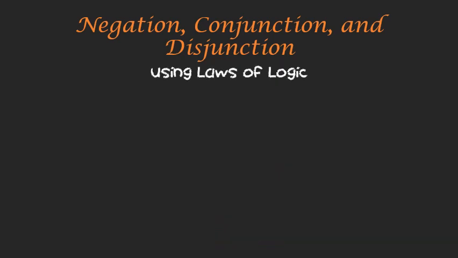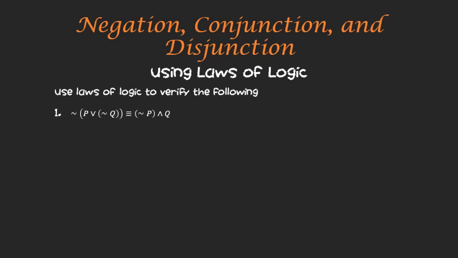So let's take a look at how we can apply laws of logic to verify the following equivalence of statements. Here we have not (P or Q), and we're claiming that that's equivalent to not P and not Q. Instead of using a truth table, which we could use to prove this, let's use our laws of logic and see how those work.